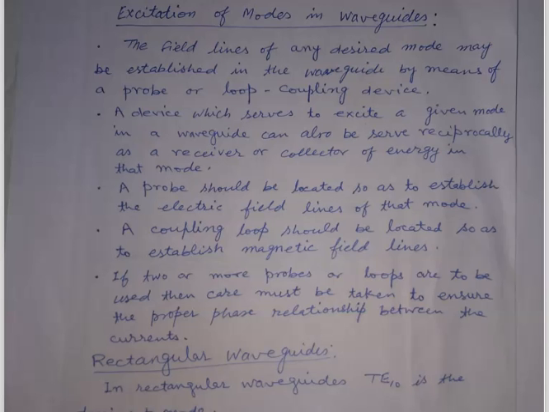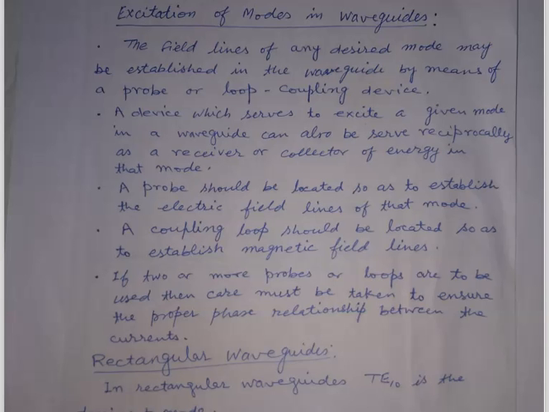The following points were important regarding the excitation in waveguides. Number one, the field lines of any desired mode may be established in the waveguide by means of a probe or loop coupling device. Second, a device which serves to excite a given mode in a waveguide can also serve reciprocally as a receiver or collector of energy in that mode.